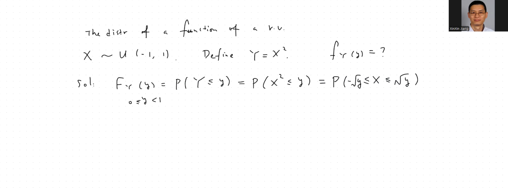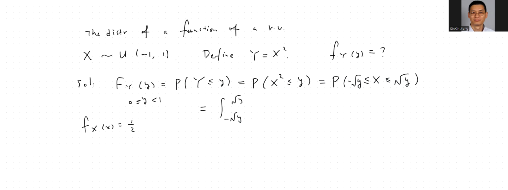And then we're going to integrate from negative square root y to square root y the density of X. The density of X is one half. It's a uniform distribution from -1 to 1, and a uniform distribution has a constant density, and the area has to be 1.